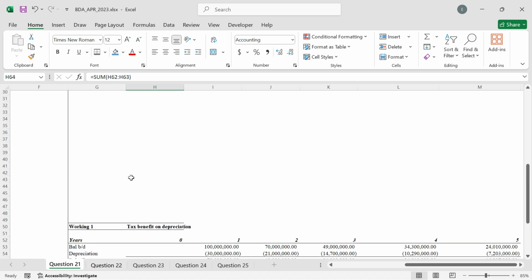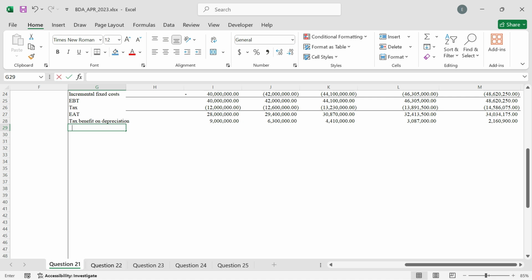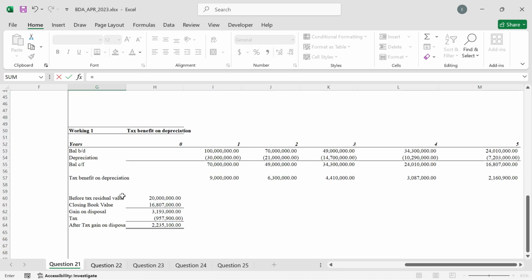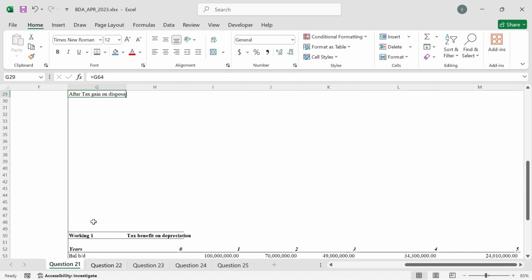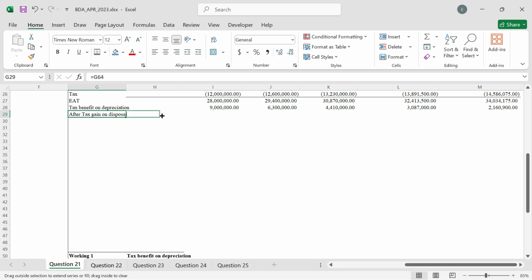Again, I bring this to the top. This gain on disposal will be earned in the final year.